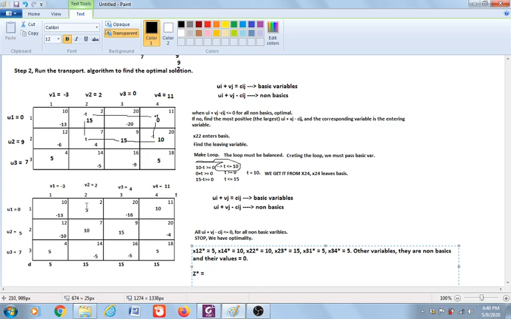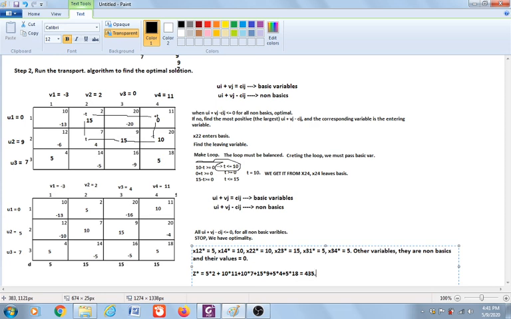So the total cost will be 5 times 2, plus 10 times 11, plus 10 times 7, plus 15 times 9, plus 5 times 4, plus 5 times 18, and the total must be 435.